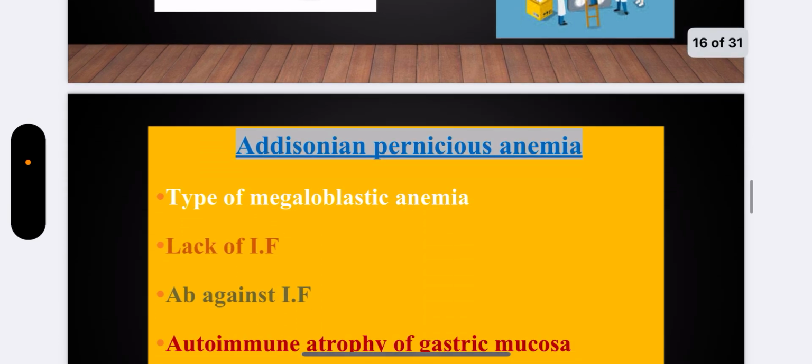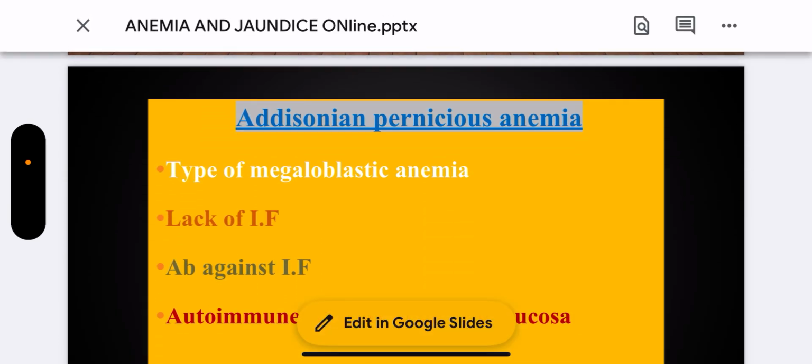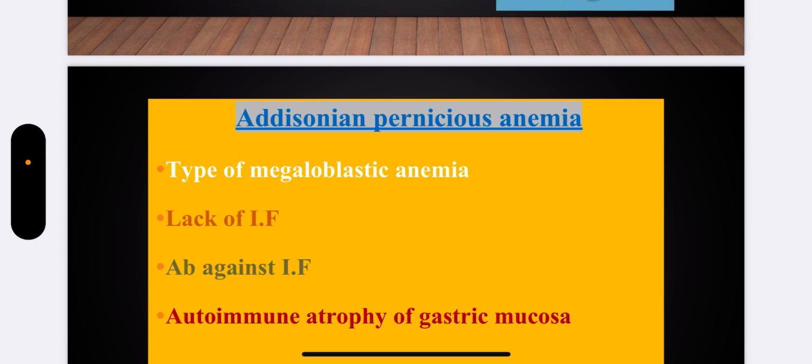Now, a word about Addisonian pernicious anemia. This is a type of megaloblastic anemia which occurs because of deficiency of vitamin B12. Now, about intrinsic factor: this factor is required for the absorption of vitamin B12. Therefore, in case of pernicious anemia, there is deficiency of intrinsic factor.